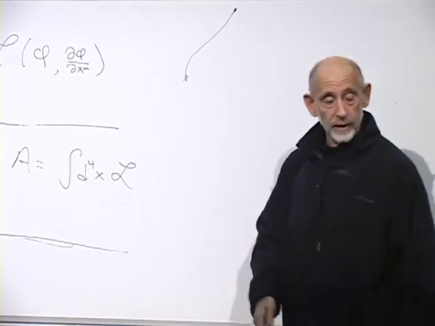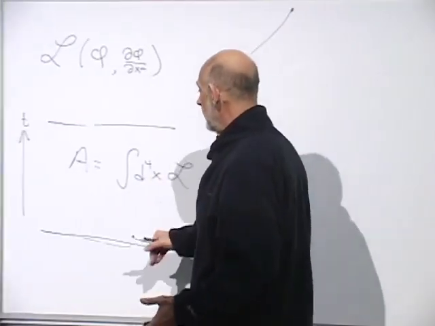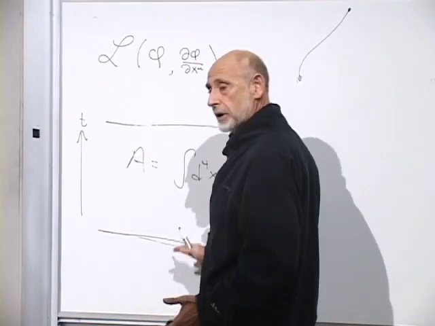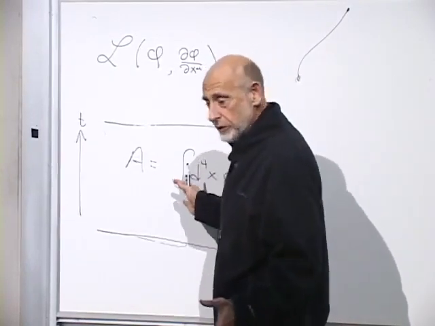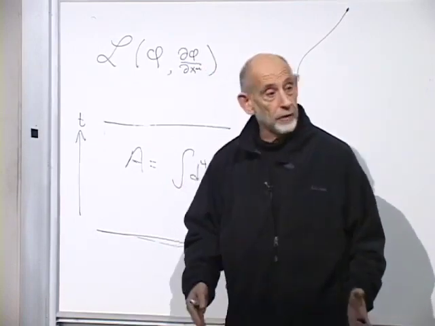That, if carried out, we did this a number of classes ago, the requirement of minimizing the action leads to partial differential equations for the fields, and those partial differential equations are things like Maxwell's equations, things like Einstein's equations, and so forth.